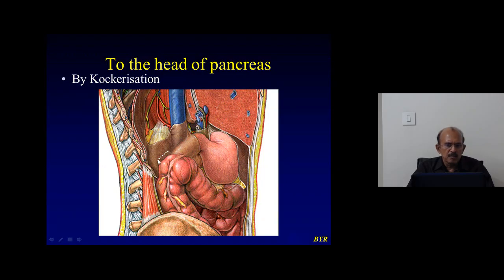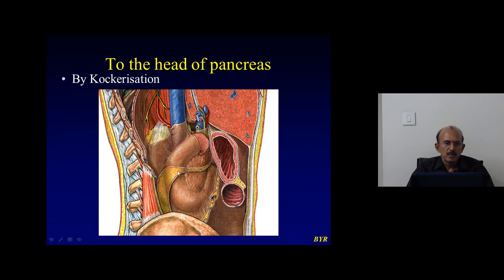The gutter also has a mesentery, so you just cut the peritoneum here. Then the transverse colon, right one third, along with the hepatic flexure, can be displaced downwards. So it can be pushed down. Once you push it down, then you can see the whole duodenum, the C loop of duodenum.